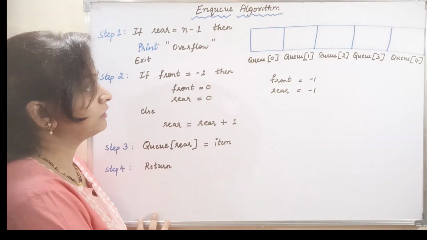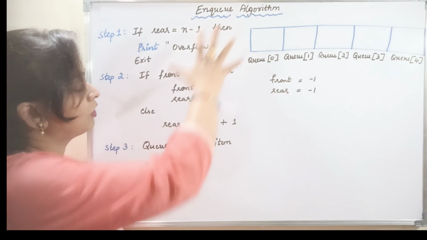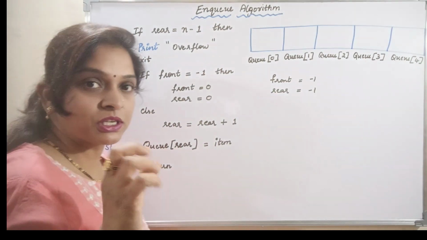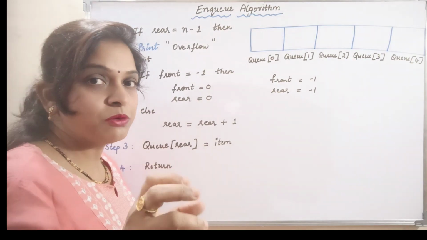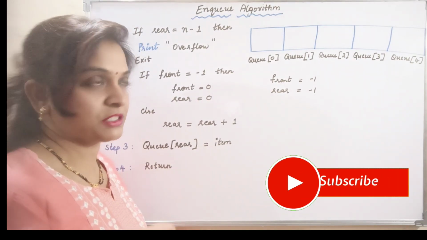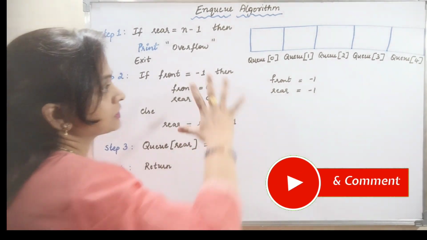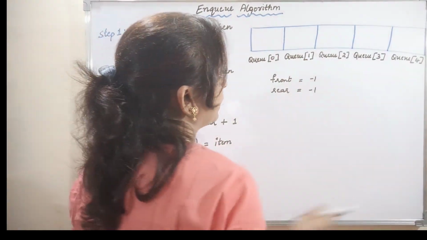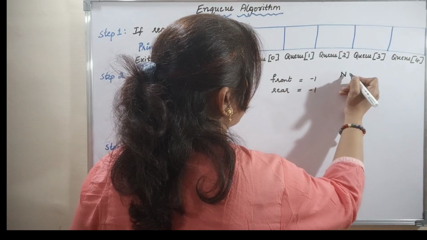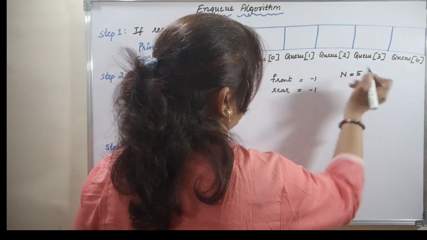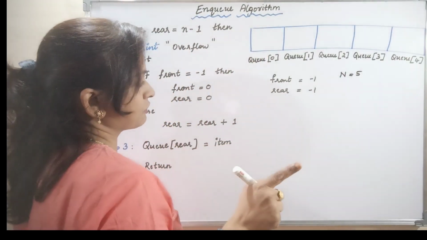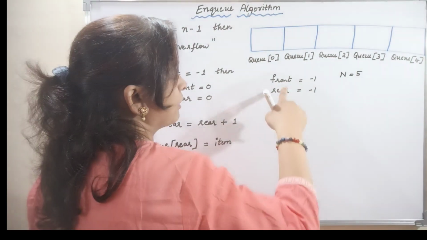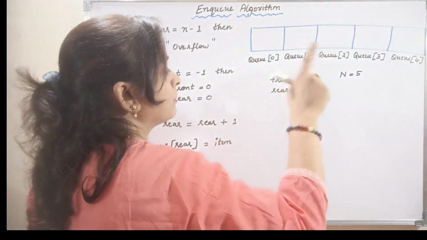So here we have the complete algorithm of enqueue. So let us see how this queue is implemented using arrays, that is static representation. This is the array representation, the array name is Q, and let me take the size n as 5. As usual, you all know the pointers front and rear.